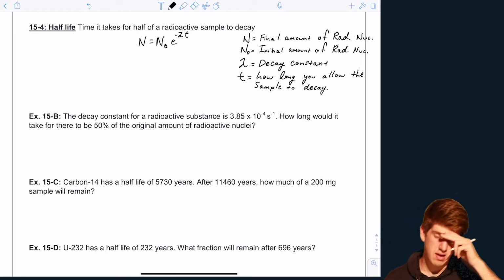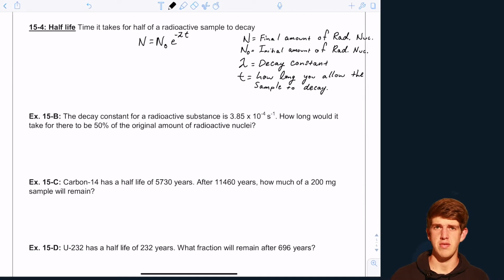So let's say I tell you that, hey, this sample decays for 500 years. I'm going to tell you the decay constant in years. So if my decay constant is the fraction of nuclei that decay per unit time, I'm going to tell you what fraction of the population of nuclei decay per year.